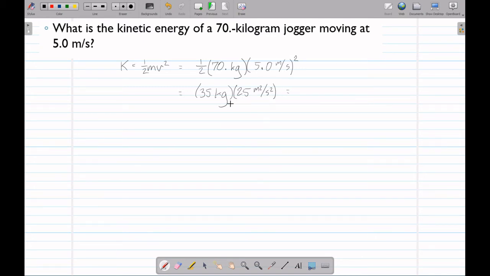Then we will multiply these two numbers together. 35 times 25 is going to give you 875 in your calculator, but we're only allowed two significant figures, so you either have to round it to 880 without a decimal, or you can just write 8.8 times 10 to the second. And you have kilograms times meter squared per second squared, which is a joule. All forms of energy are measured in joules, including kinetic energy.